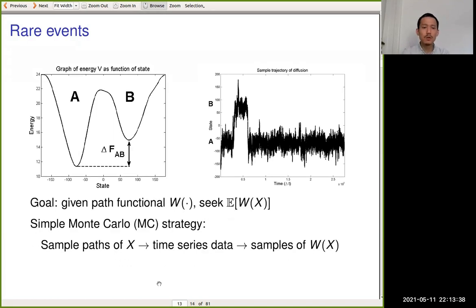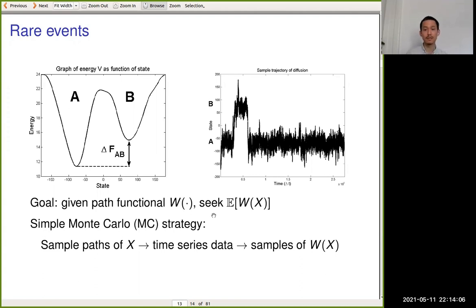Okay, so the goal is that we are given some kind of path functional W. And by path functional, I mean it's a function which you give a trajectory or a continuous path, and it gives you a number. And given a path functional W, we're interested in one of the most basic questions, which is what is the expected value of W when we give W the trajectory of this equilibrium system defined by this SDE that we saw before.